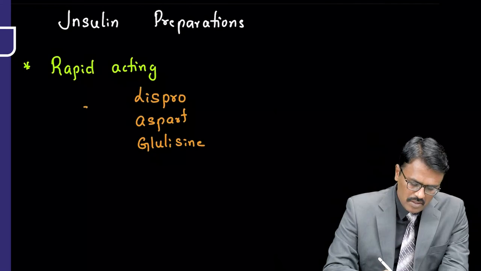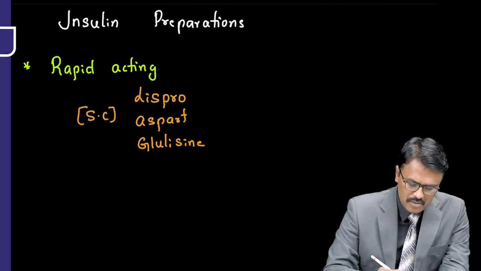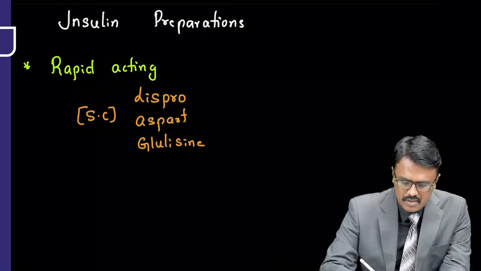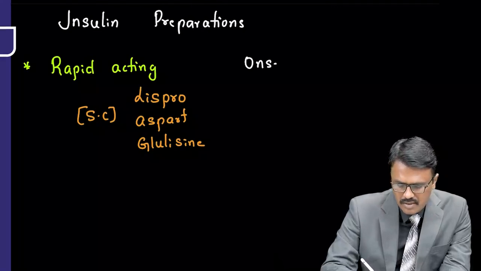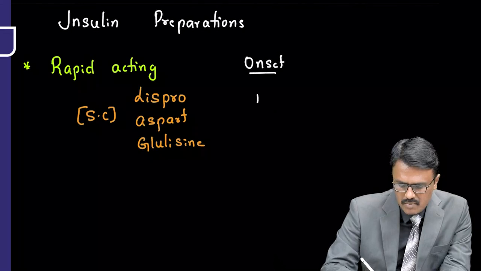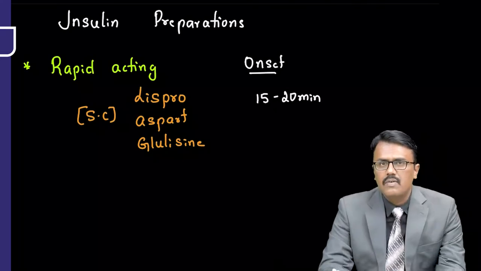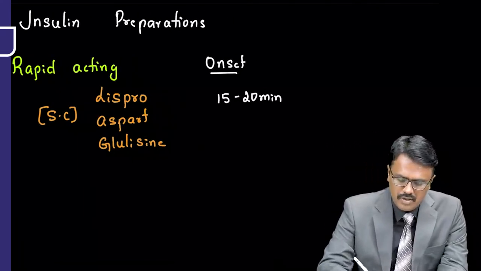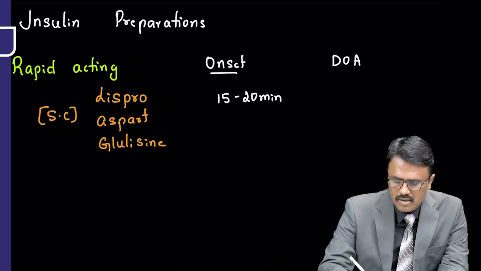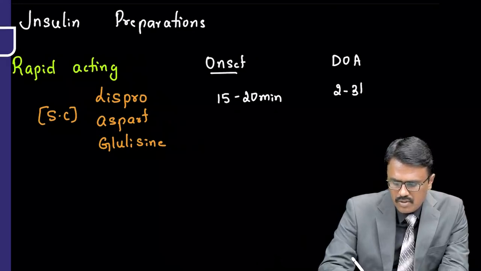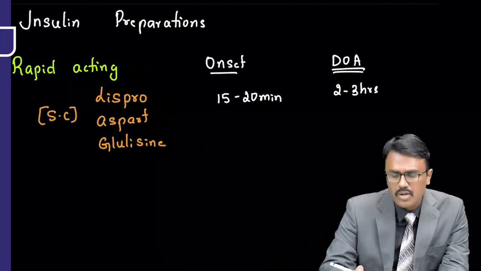And remember all these are given subcutaneously. Now what is their onset of action, when will they start working? The onset of action is between 15 to 20 minutes. Within that they will work. Now what is the duration of action? How many hours do they work? They work for only 2 to 3 hours.